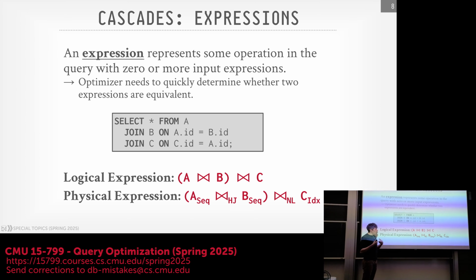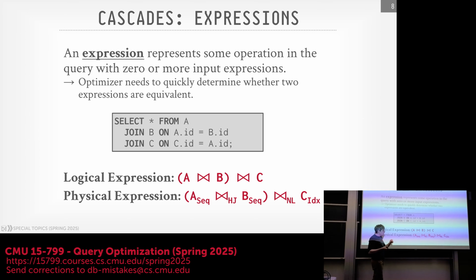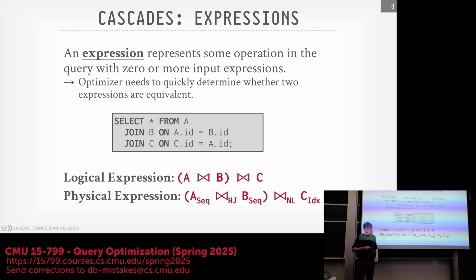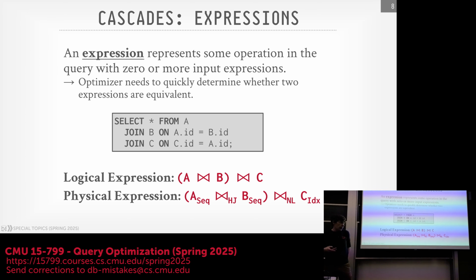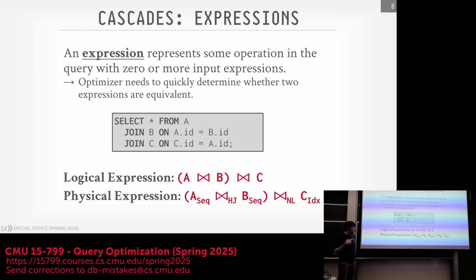In Volcano, as far as I know, since the logical stuff was kept separate from the physical stuff, they only had to compare logical with logical or physical with physical. In this world, we need to know that across both lines things are equivalent. This is going to allow us to apply all the transformations we'll see next week, relying on commutativity and associativity to know when we reorder things that things are okay.